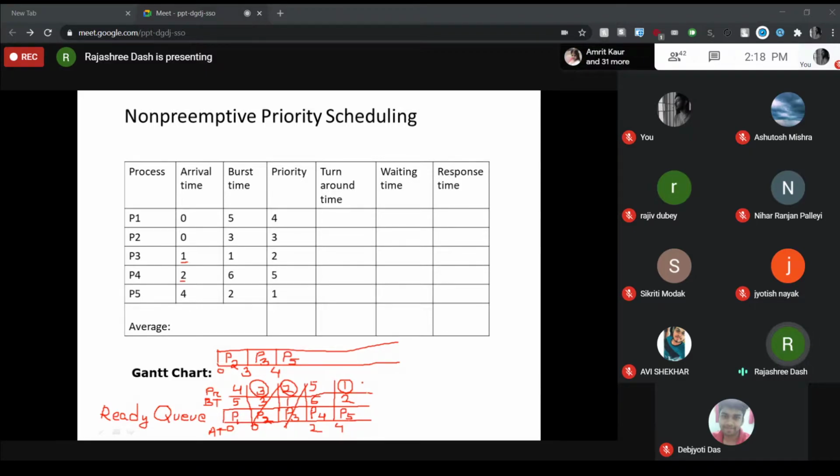It will continue up to 4 plus 2, that is 6. The CPU burst time for P5 is 2. Now after P5, what will be the next process to be executed by the CPU?